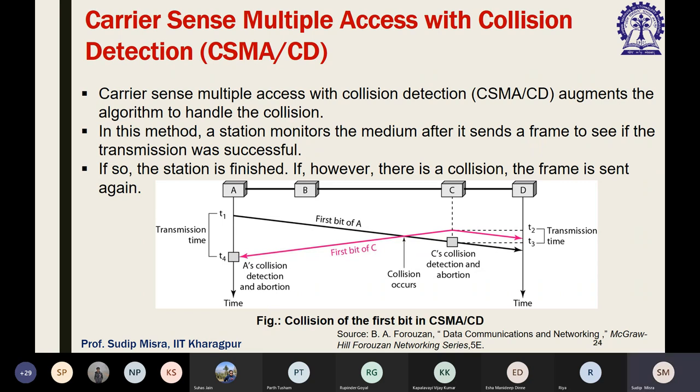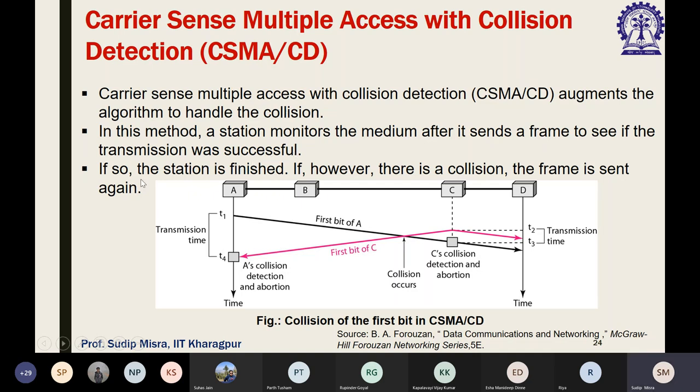So for this, there is another algorithm which is called CSMA/CD, carrier sense multiple access with collision detection. In this method, a station monitors the medium after it sends a frame to see if the transmission was successful.